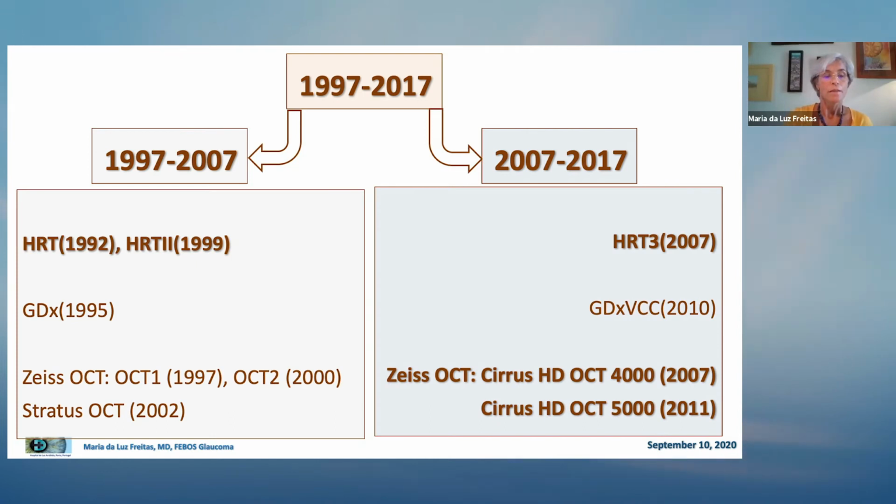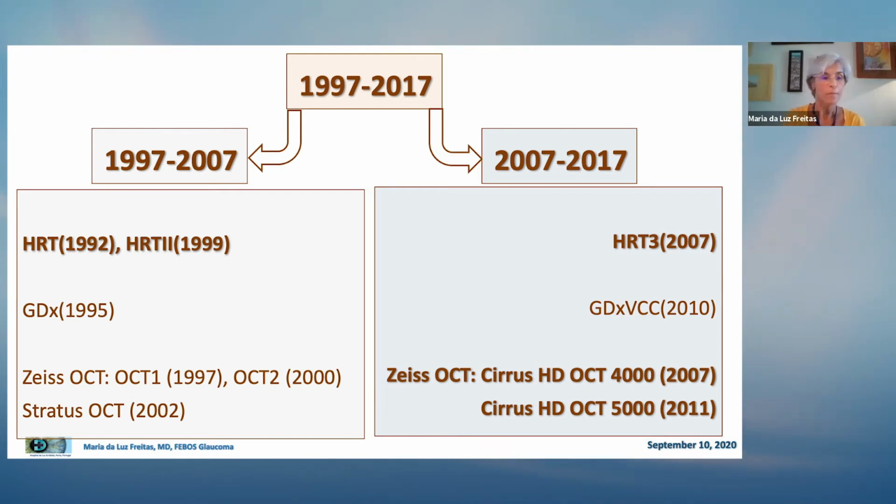This period between 1997 and 2017 was really a period of great development, and I will divide it into two small periods. In the decade 1997-2007, I used the HRT.